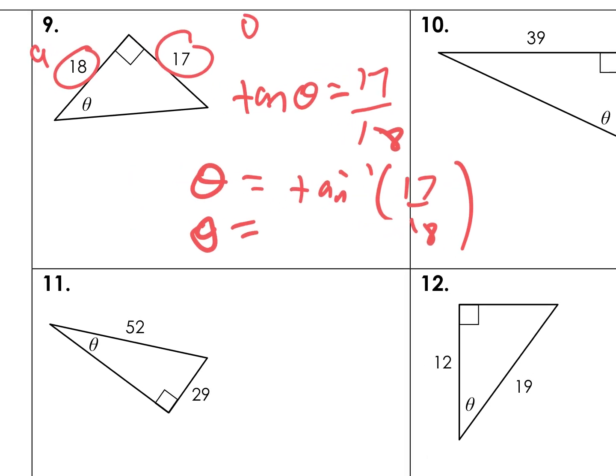Looks like a big angle, but you can't go by looks. 43.4 degrees. The only thing I can say about every one of these is they all better be less than 90, because every one of these is an acute angle.